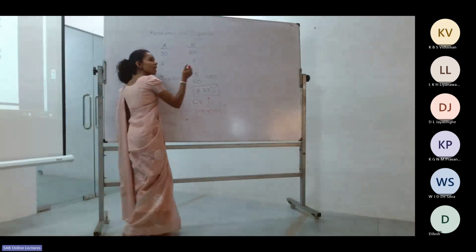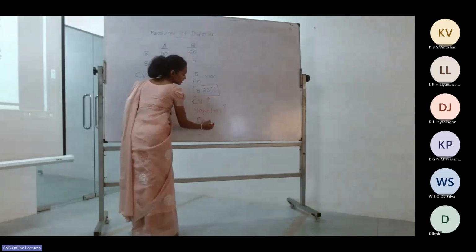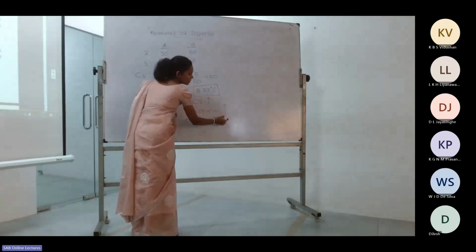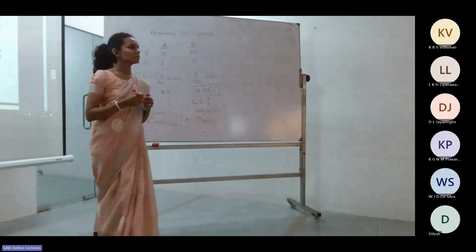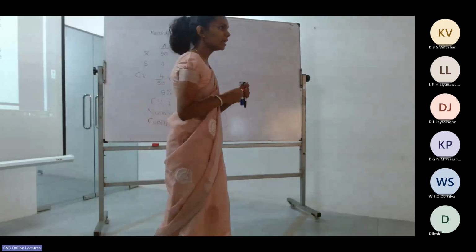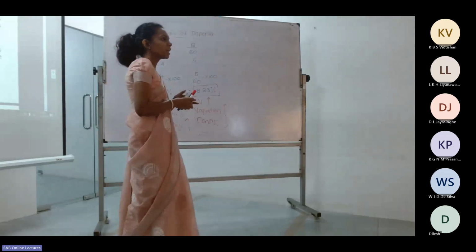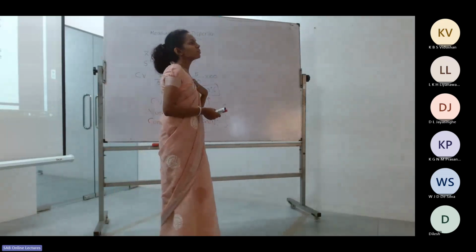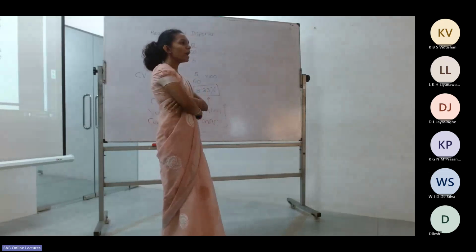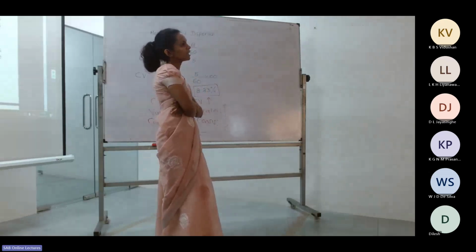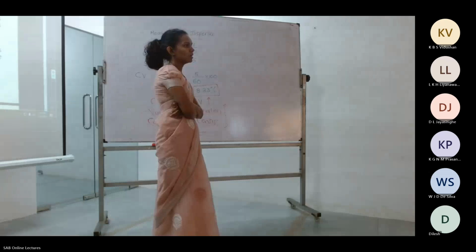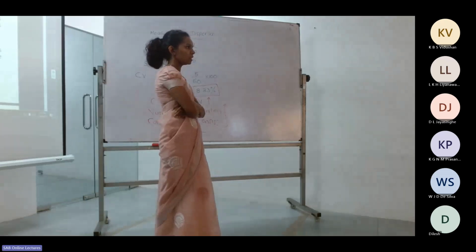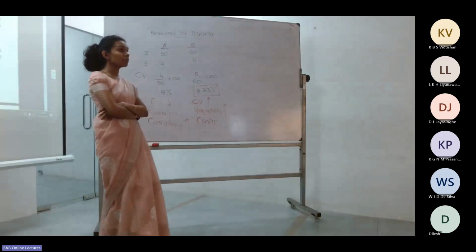If variation is high, consistency is less. Based on the CV value, we can identify which group is more consistent and which group has more variation. That is the way we can interpret the CV value.